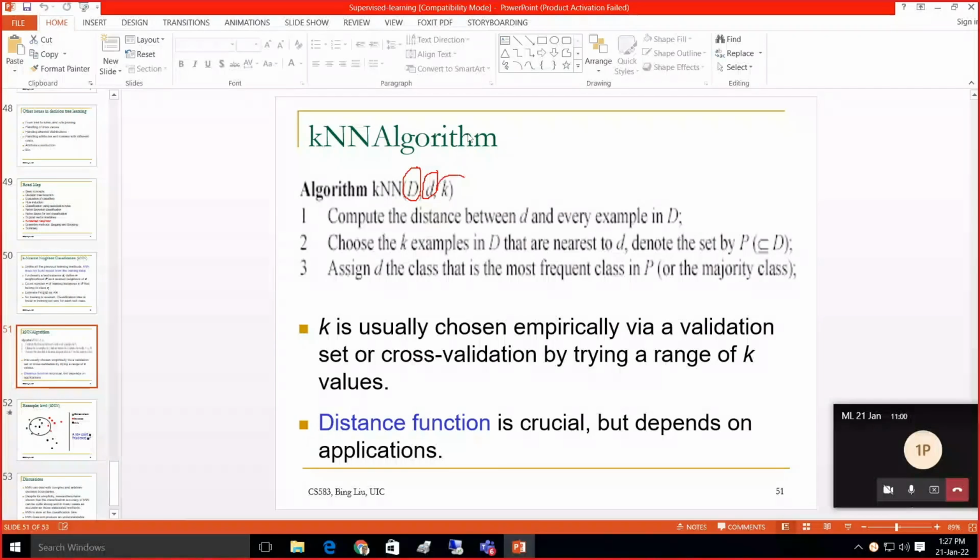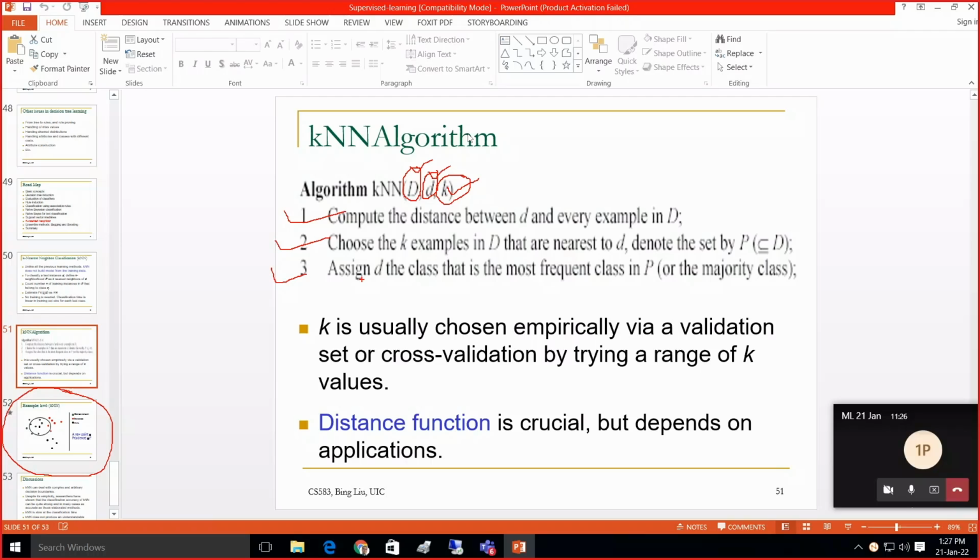Whenever your algorithm starts, it is a pseudocode, and this is the input. D means your whole data set, small d means your unknown sample, and K means the input parameter. We'll see what D, small d, and K are with an example. Before going to the pictorial example, at least read these three steps.